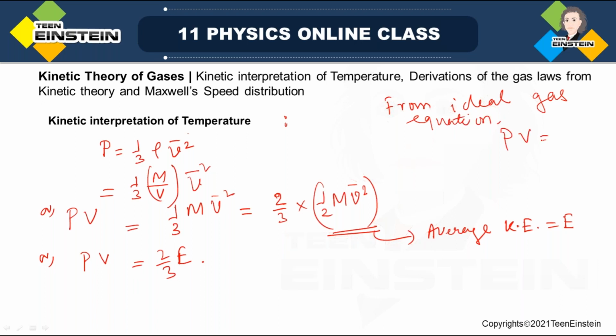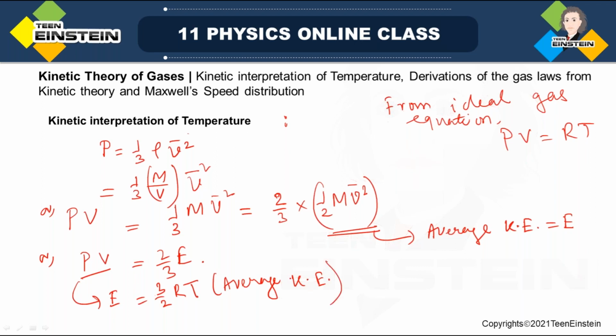That is PV is equal to RT. Now if we replace this PV with RT, what we can get is 3/2 into RT out of here. So what is this? This is the average kinetic energy of gas.